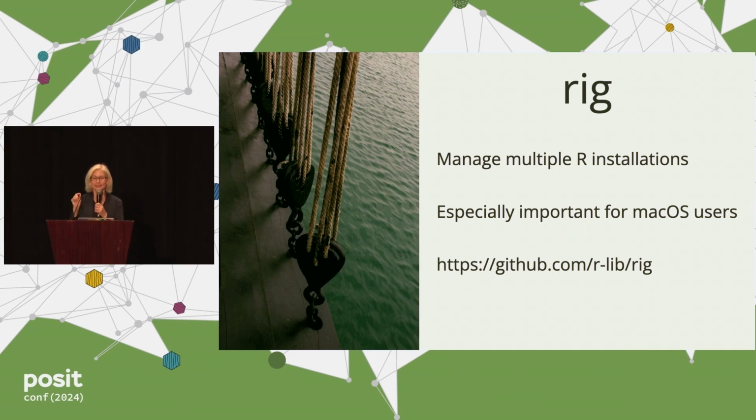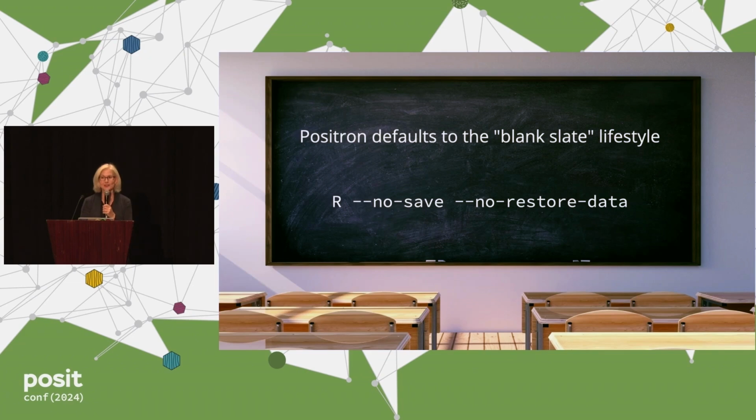And little known fact, this is actually easier to do on Windows than on Mac, which is like a first for anything. So this is actually especially important for Mac users to have multiple versions of R that are fully functional.